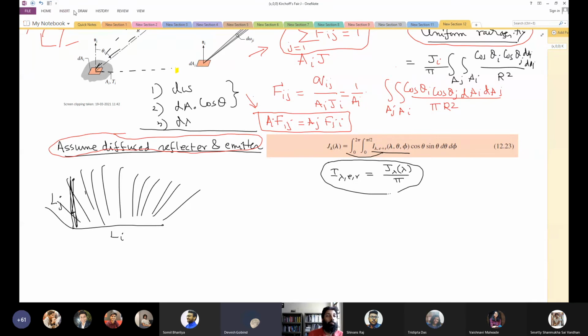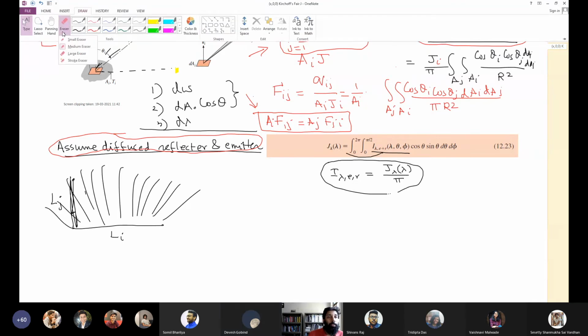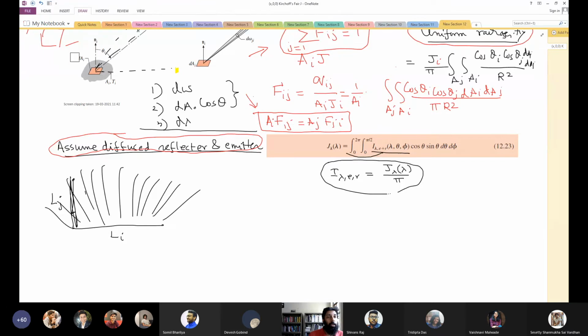Okay. So the first plan is that instead of taking differential areas, you need to take differential lengths. Agreed?